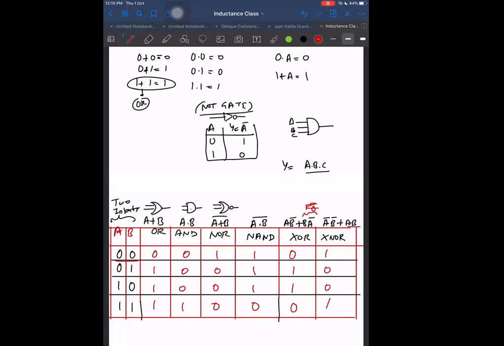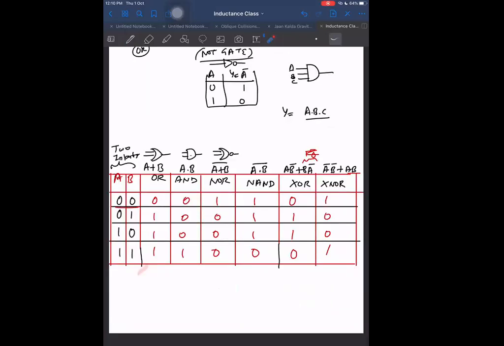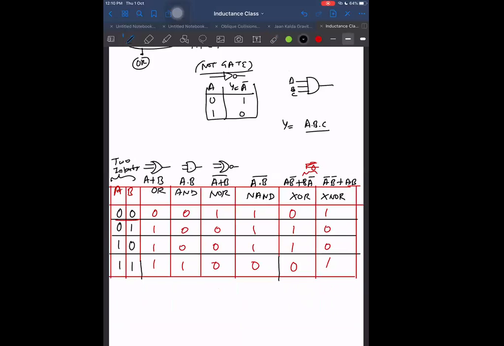So how can we tell, in general, if in one line I have to say what is OR gate? OR gate is that gate in which if any one input is 1, if any one input is high, then output is high. In general, that is the definition of OR gate.